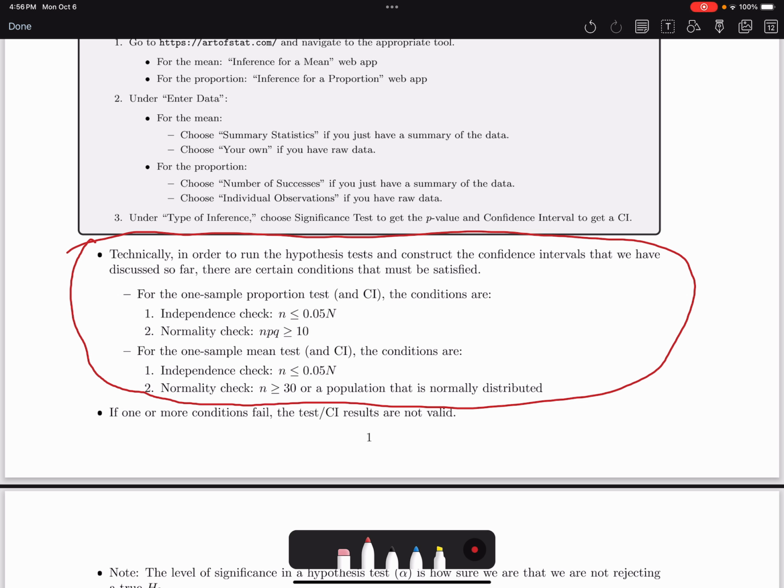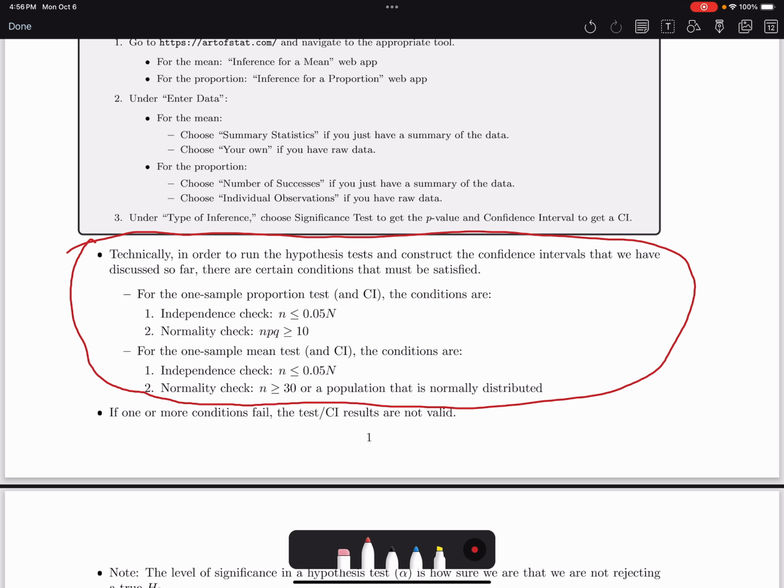Or when we're calculating a p-value for a test on a mean, it's assumed that the mean follows student's t-distribution. And there were conditions that you might remember from section 2.8 that had to be met in order for those statements to be true.